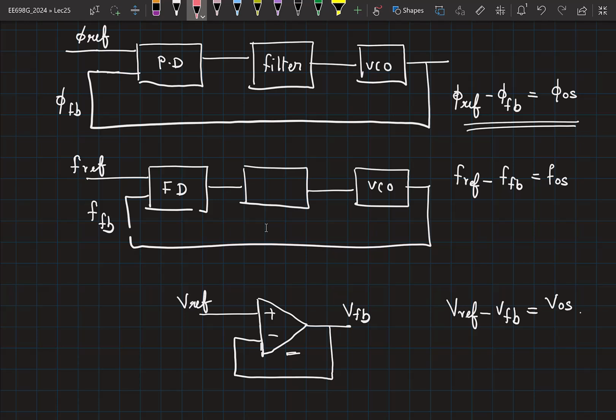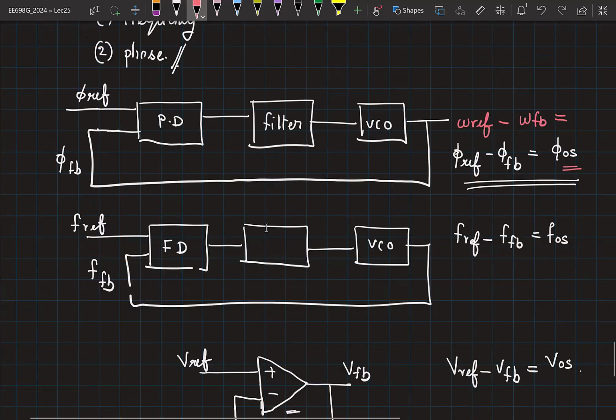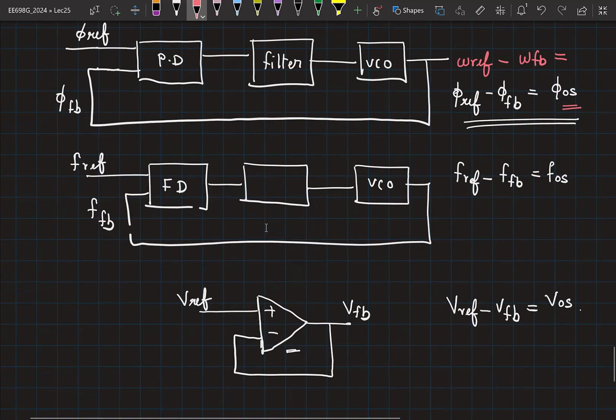So then you will have omega ref minus omega feedback equal to the derivative of this. Derivative of a constant goes to 0. So you see, if you are locking the frequency, it's possible that in the presence of non-idealities, you will have a frequency offset. And this frequency offset is very problematic.